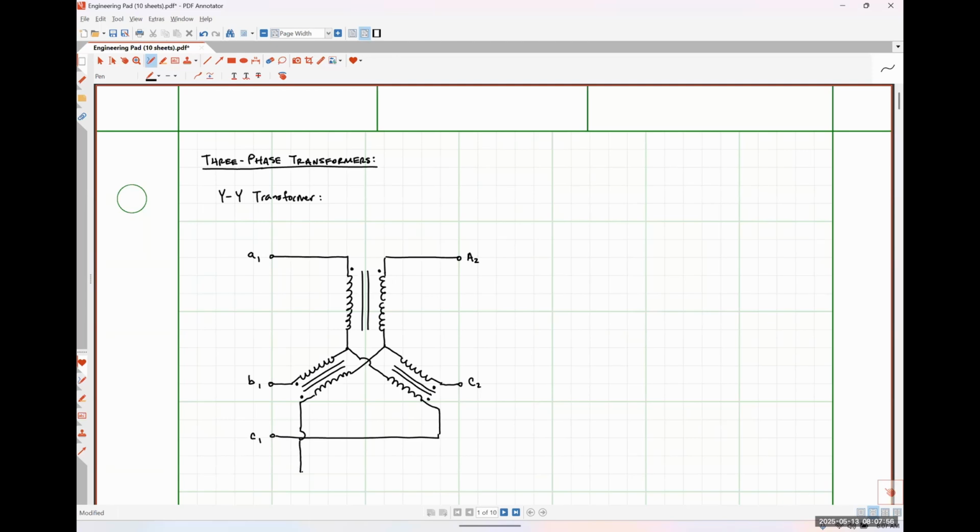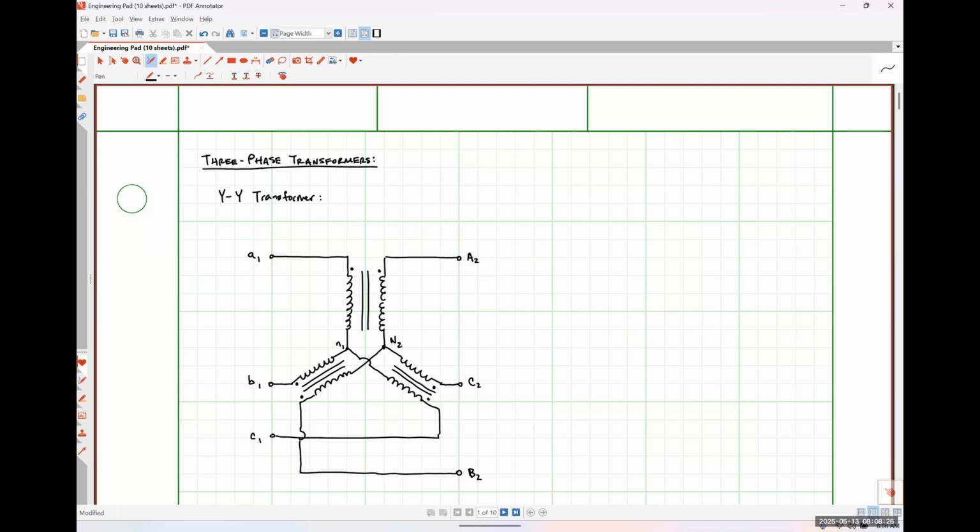This guy over like so. And this is going to be B2. And then this is my neutral on the source side, and this is the neutral on the load side.